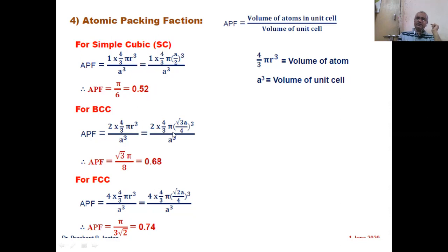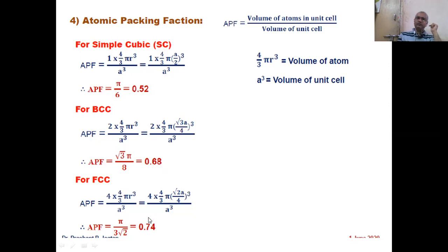Similarly, 0.68 means 68% volume of the unit cell is occupied by the atoms, and 0.74 means 74% volume of the unit cell is occupied by the atoms. Means the remaining space in the unit cell is empty. So here 52 means that 48% of space in the unit cell is empty.